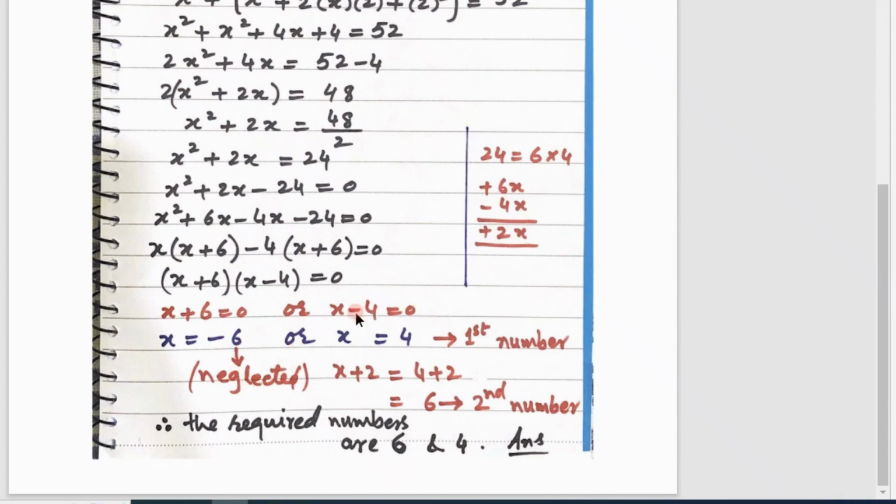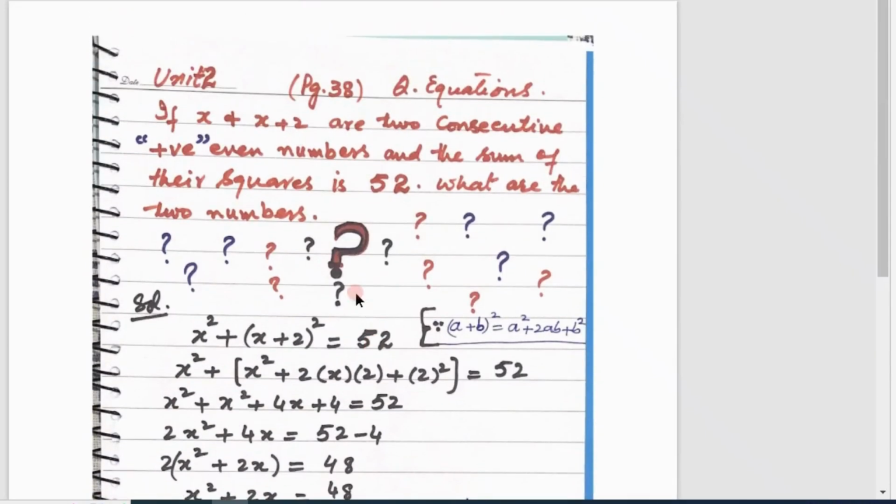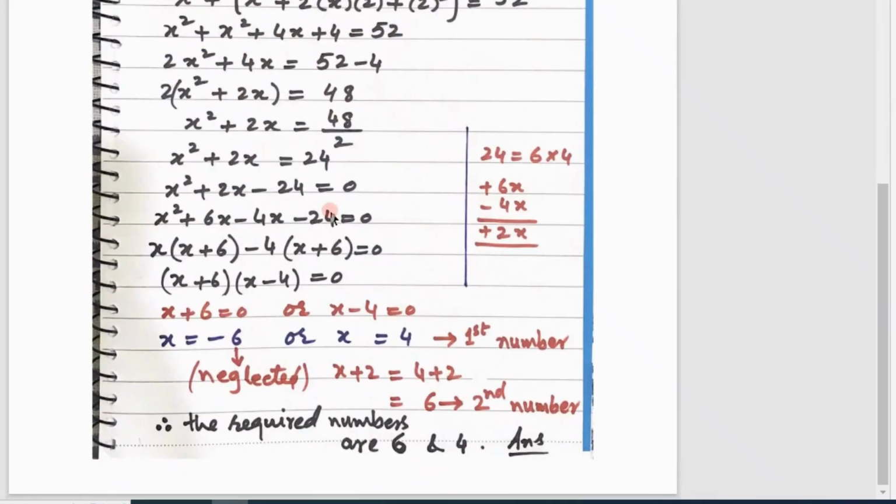Now from the second factor, what we are getting is x minus 4 equal to 0, and 4 will be shifted towards the right side and become plus 4. As our requirement is positive numbers, x is equal to 4 is the first number. And what is the second number? We have supposed x plus 2 is the second number. We will write down x plus 2, put the value of x, and we will get 6 as the second number.